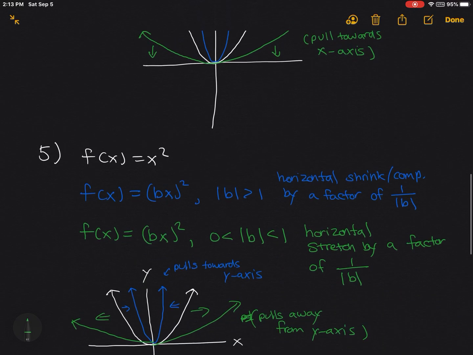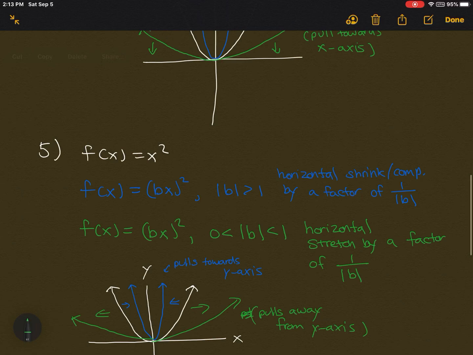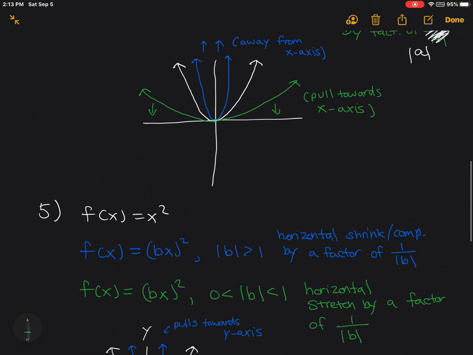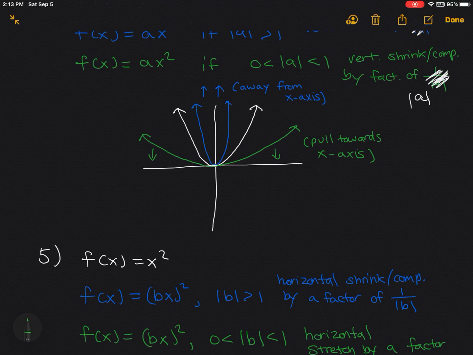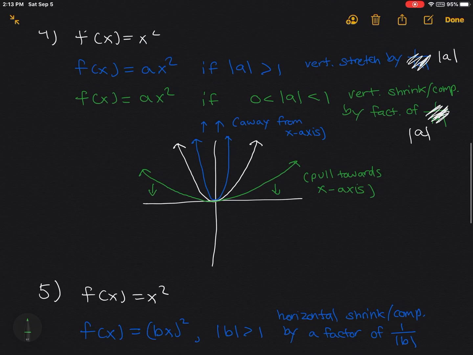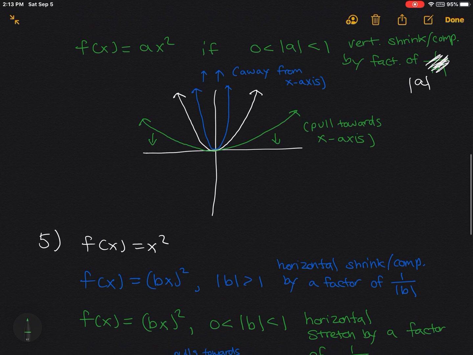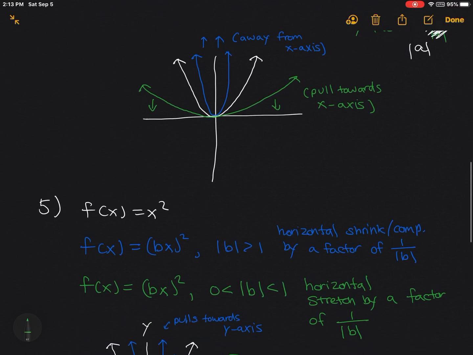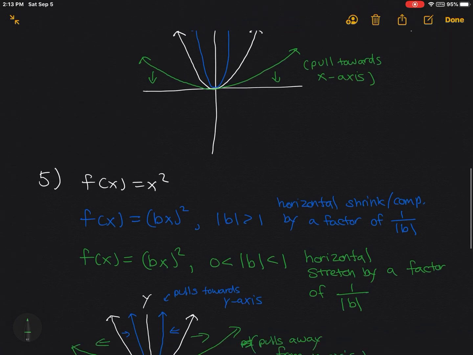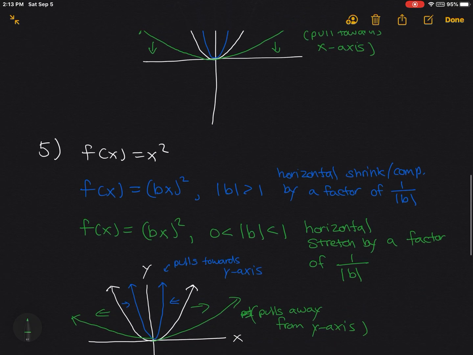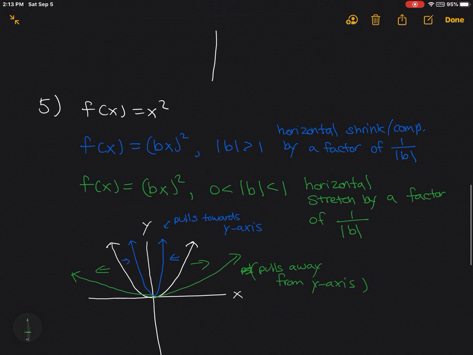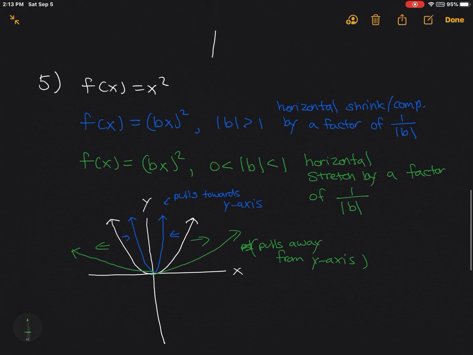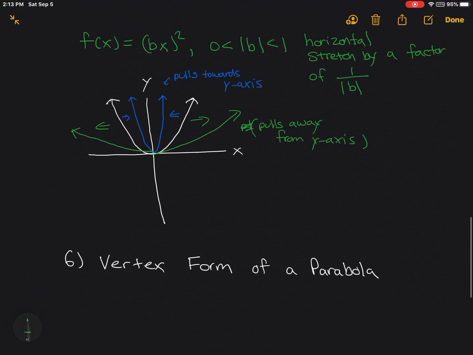This looks just like this, except you're stretching or shrinking horizontally as opposed to vertically. Okay, so again, vertical stretch is the same thing as a horizontal shrink. Vertical shrink is the same thing as a horizontal stretch. So if you're like, hey, these two graphs look exactly the same, you're correct. They both do the same exact things, except it's just stated in a different way.